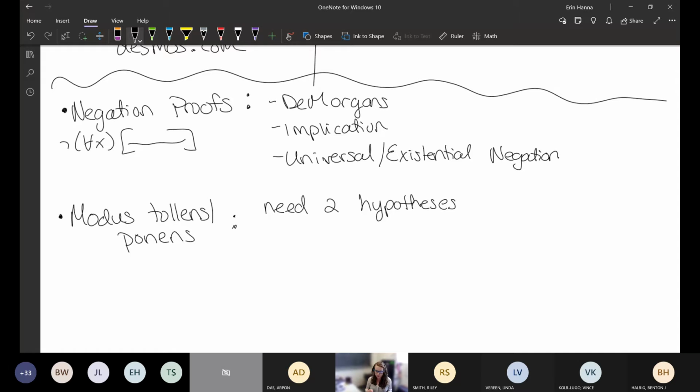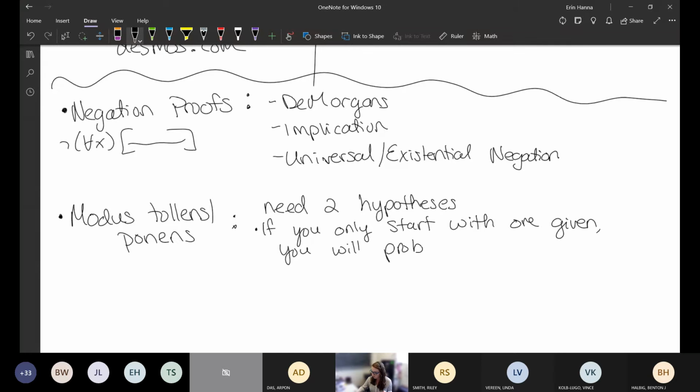If you're going through a proof and you only start with one given, you will probably not use a modus rule. Whereas if you're given two givens, you still might not use a modus.